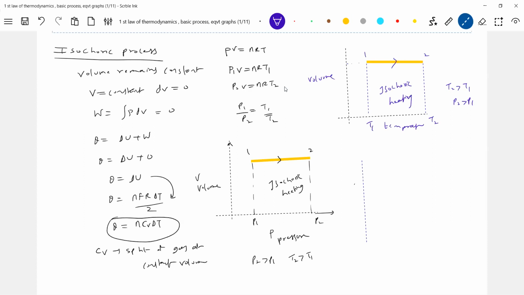Next we'll take a straight line passing through the origin. Look at it now. This will be the pressure, and this is the temperature.